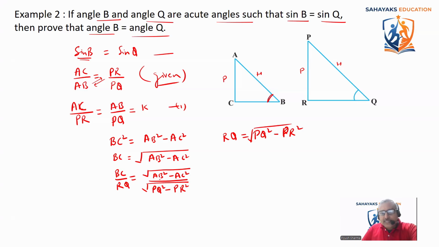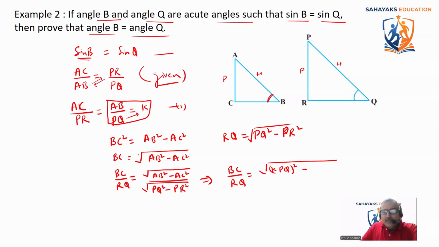Okay. Now see AB. From this equation, what is the value of AB? The value of AB comes out to be K multiplied by PQ. So it implies BC by RQ equals square root of, instead of AB, I'm going to write K into PQ, K multiplied by PQ square, minus, and same goes with AC.